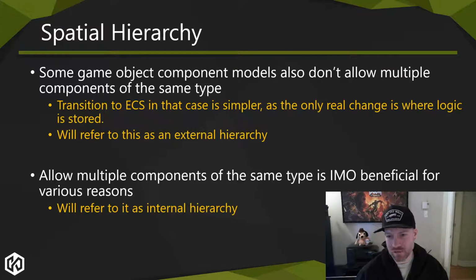I find that very old school and limiting. In general, I find this whole one object approach limiting, which is why I alluded that the game object component had evolved and allowed multiple components. That's not necessarily the case in a lot of cases. I think Unity is also one component per type per object. Again, I don't have too much experience with Unity, so I'm not going to speak to that.